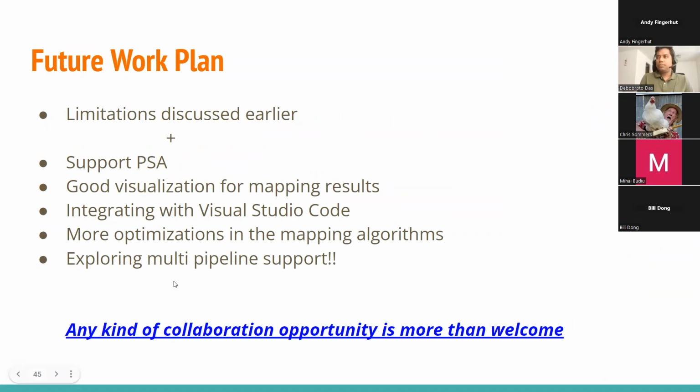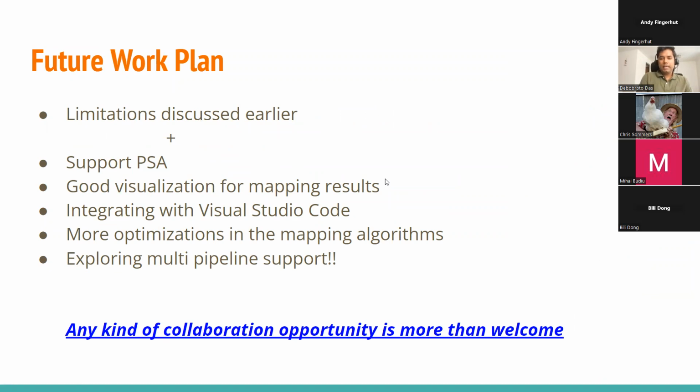I have a couple of future work plans here. All the limitations I have discussed earlier, I am working on them and trying to solve them as quickly as possible. Besides this, I am also trying to look into the PSA architecture, and I'll try to implement these 2 things maybe within this year. I have planned for that.